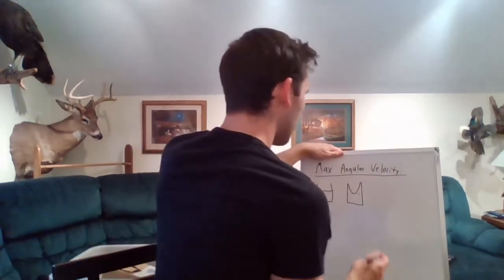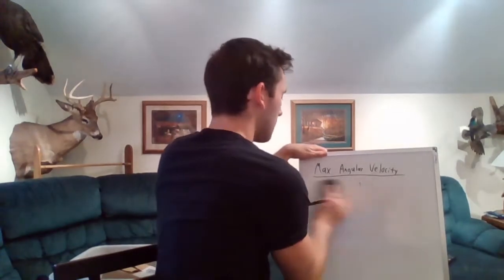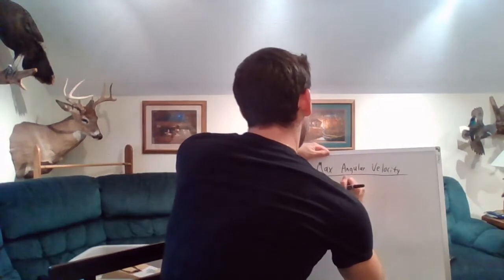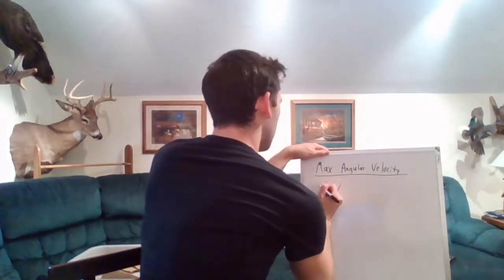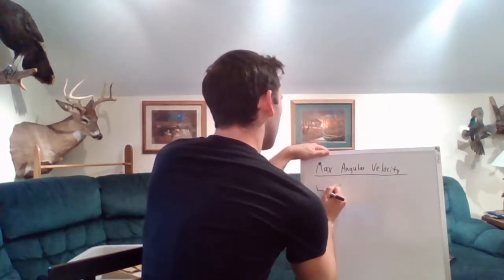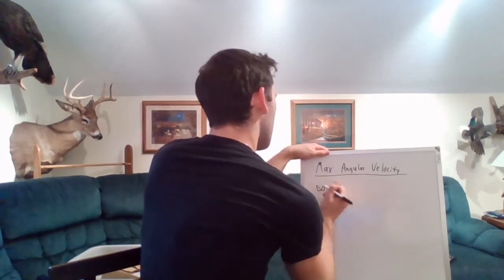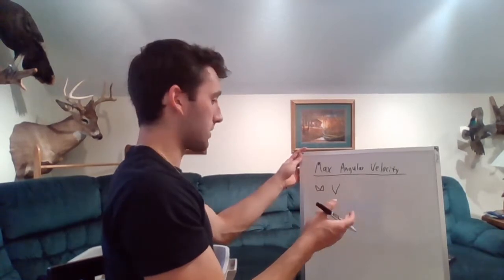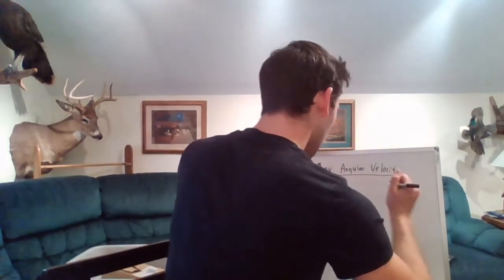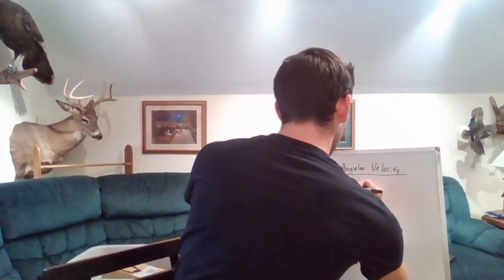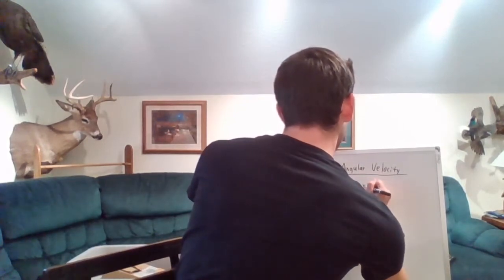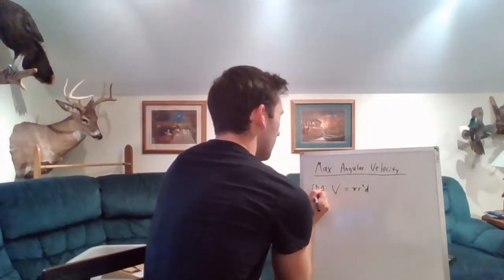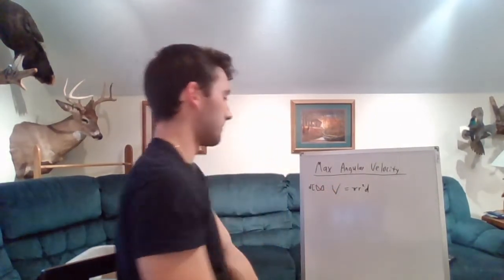Now what we can do is say the volume of this shape, so the volume of the curvature part while it's spinning, is equal to pi r squared d, in which this is d.